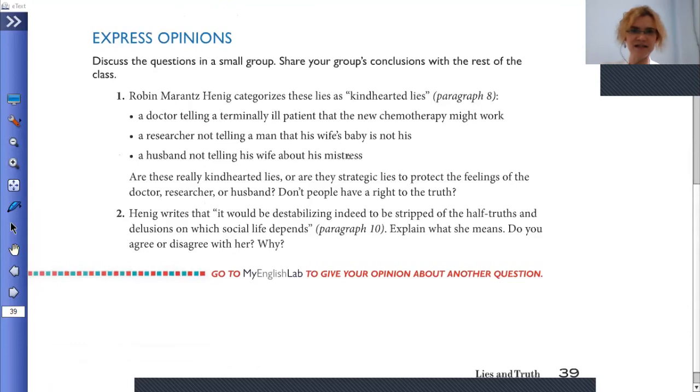Okay, that brings us to the last part of today's lesson, which is expressing opinions. You all know that that is super important. We want you to be critical and analytical. It is important for you to think about concepts and ideas, to have an opinion about them. Nonetheless, be able to express it respectfully and nicely, always leaving room for other people to express their opinion as well, always respecting and being open to other people's opinions.